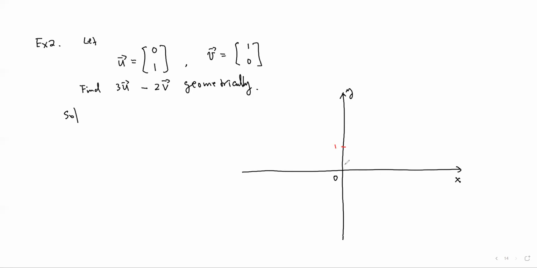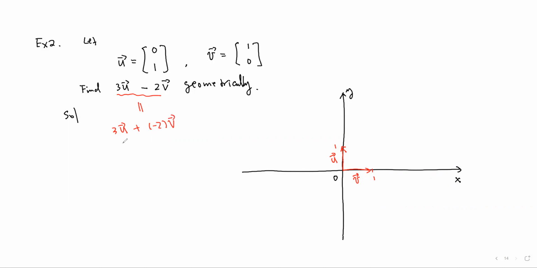Yeah, this vector is vector u. Vector v, (1, 0), about here. This is vector v. Now the difference, let me rewrite it as 3u plus -2 times v.